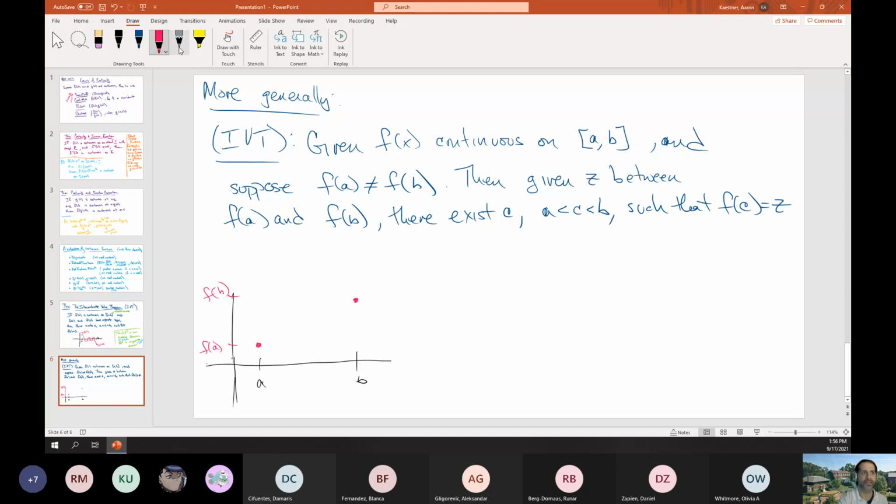And then I pick out any value z that I want in between there. So let's suppose z is that value. It's important that z is between f of a and f of b.